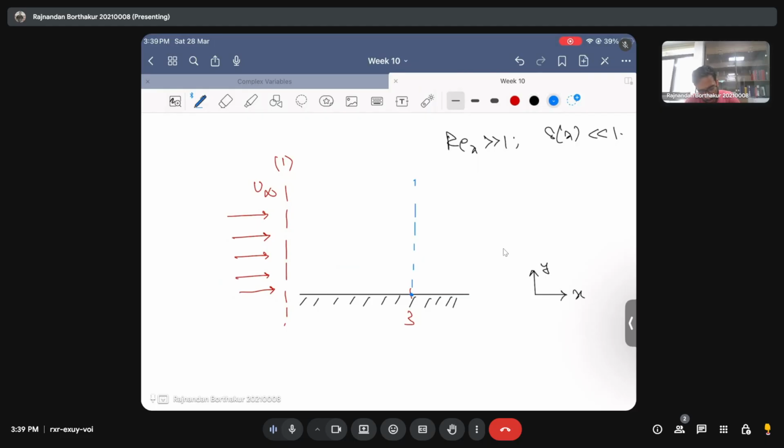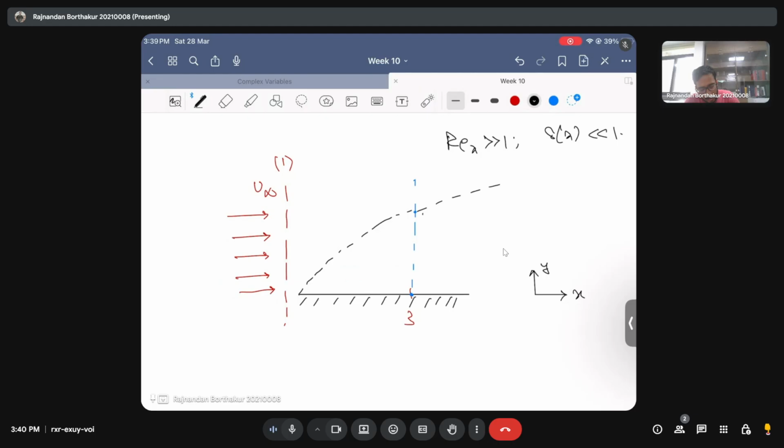If we draw the velocity profile at 3, I know that at y equal to 0, my u is 0. That is something we have seen repeatedly. And at y equal to delta, there is a boundary layer that is growing here. I'm zooming into the boundary layer a little bit.